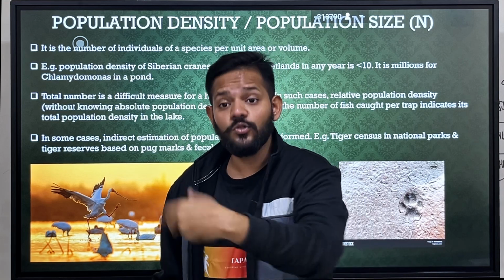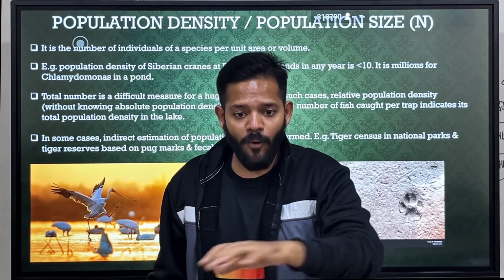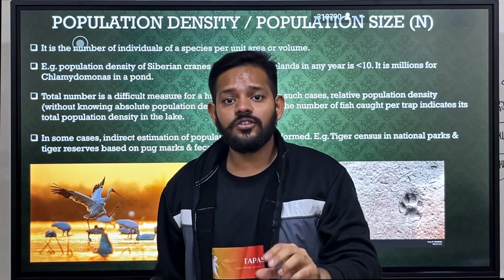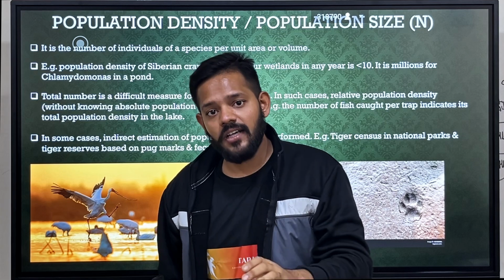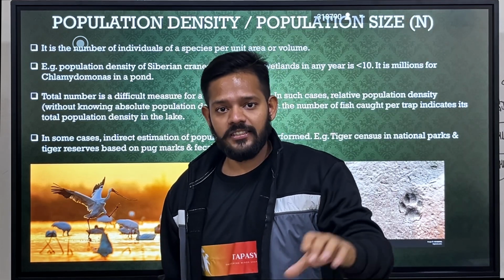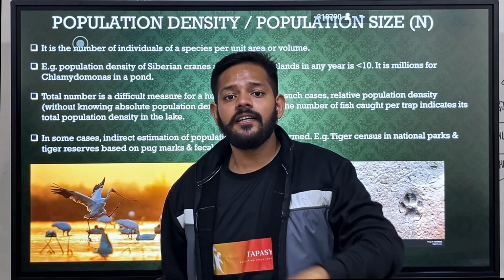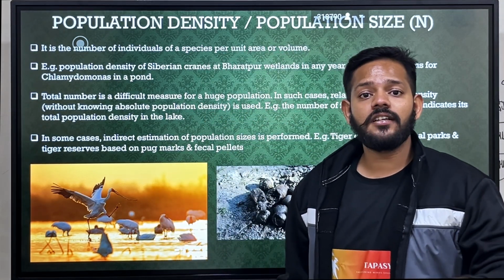If you get 1000 fishes in the net, then it is 1000. Okay, so this is your relative population density. When you cannot count the total number of a particular organism present in that field, then you will start doing a relative population count.